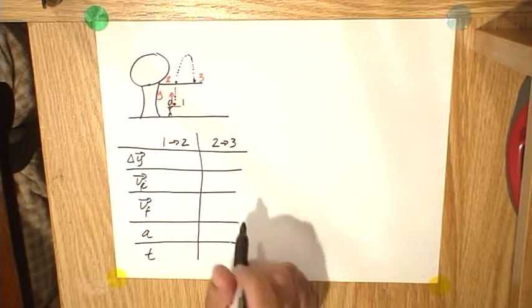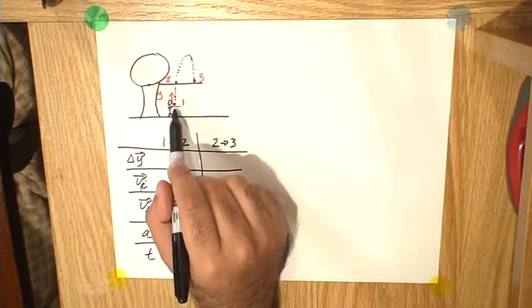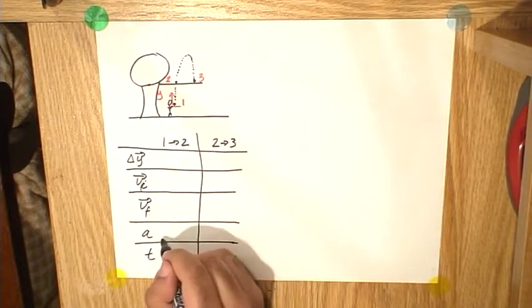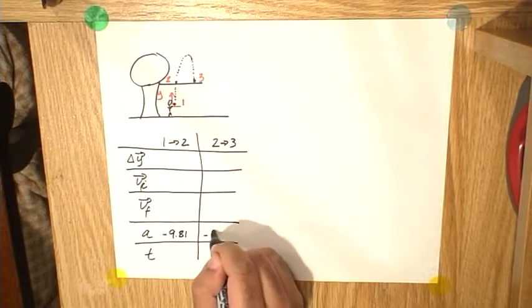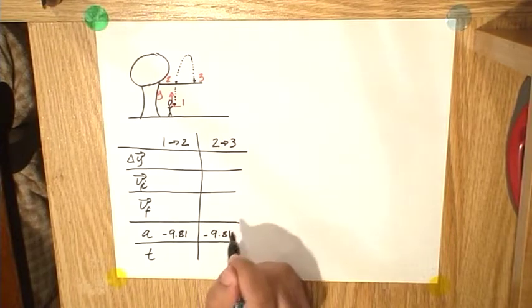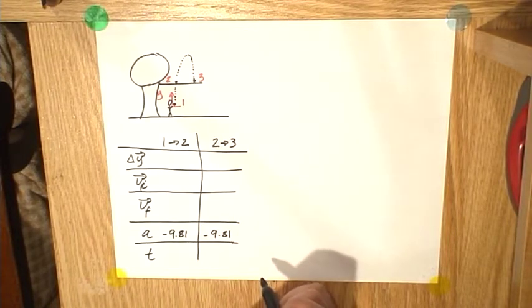So, after it leaves our hero's hand, it's going to be under the influence of gravity and gravity alone. So the acceleration is going to be negative 9.81 j hat meters per second squared, regardless of the 2 phases.